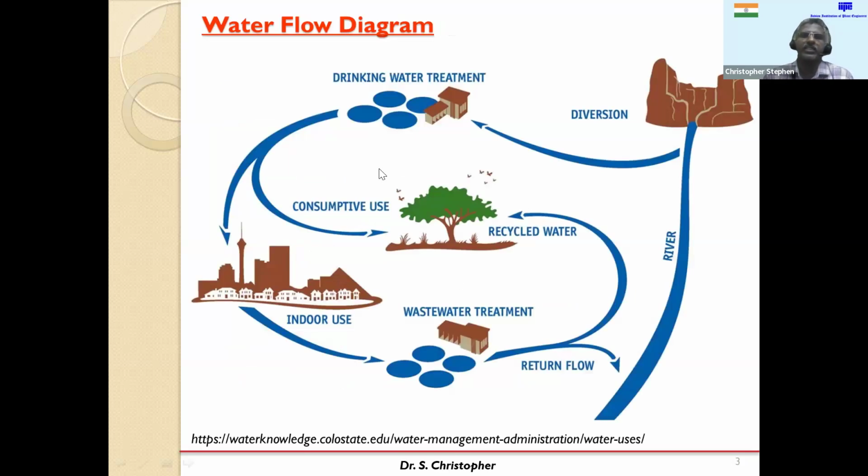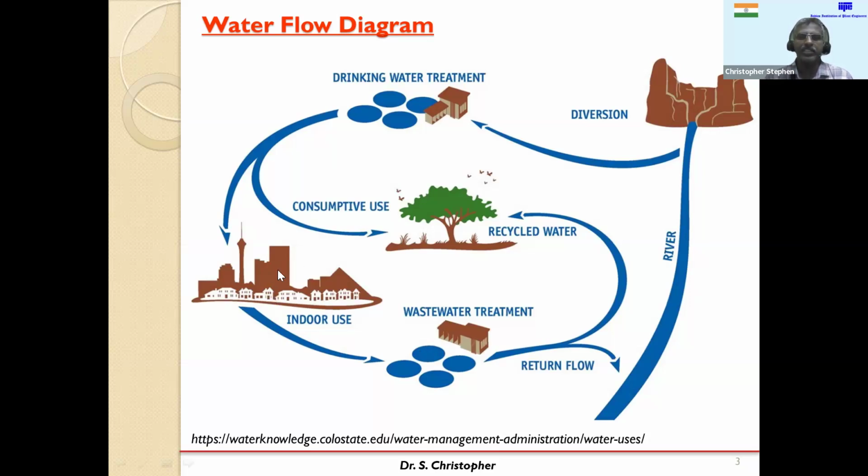Now you can see the water flow diagram, as we all know. Around 70% of the world is covered by ocean, and the water from the river is tapped and treated for various applications. It can be used indoors, mainly for domestic and commercial use, and for industries and various manufacturing.